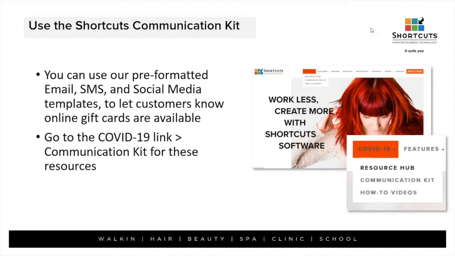In there, we have pre-formatted email templates you can use, SMS messages, social media, and you can find one specifically letting customers know that you have digital gift cards, online gift cards now available. Of course you can change the wording on our templates and customize it for yourself, but this helps cut down on the work you need to do.